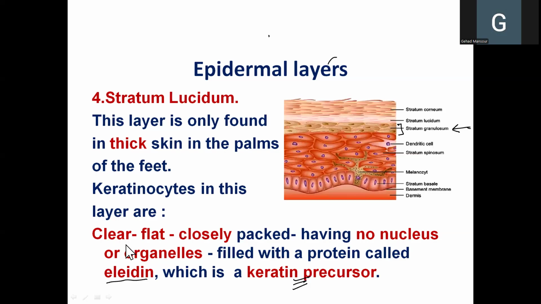So they already contain a lot of keratin because in the granular cell layer they have accumulated keratin, but the presence of eleidin in large amounts is striking in the stratum lucidum, and this eleidin is a precursor of keratin. So the stratum lucidum layers are very rich in keratin.